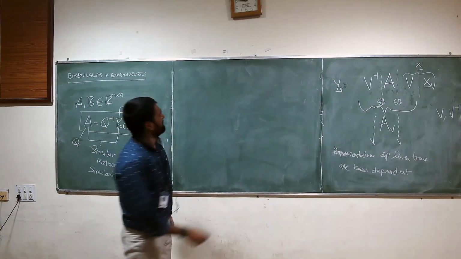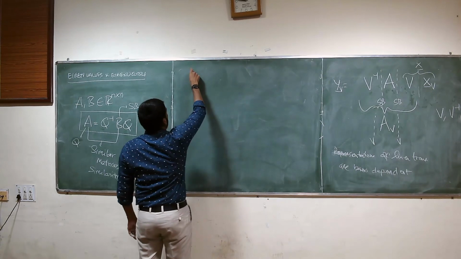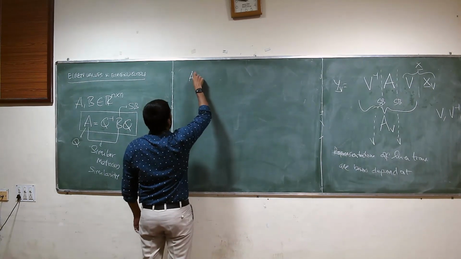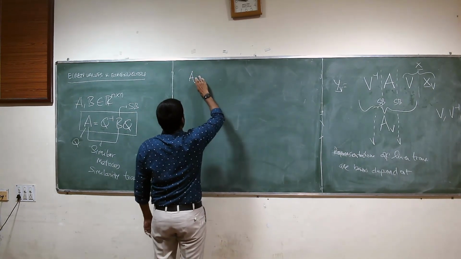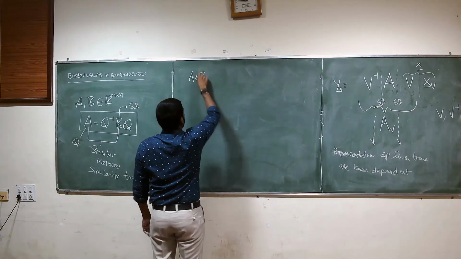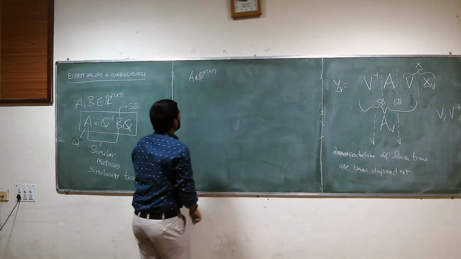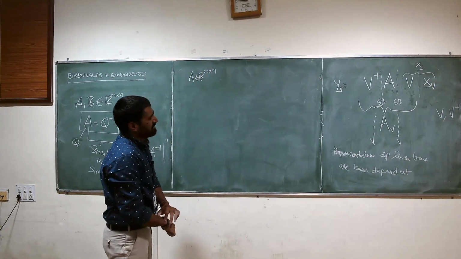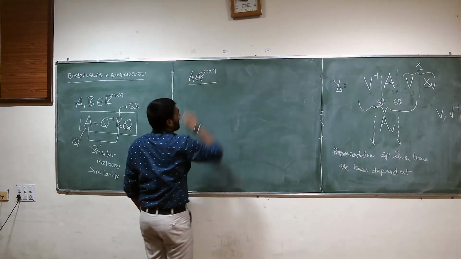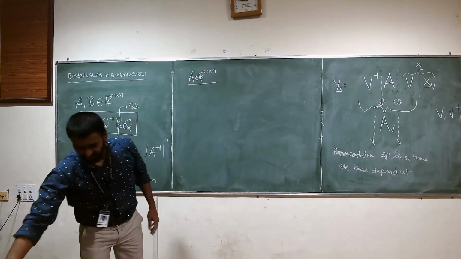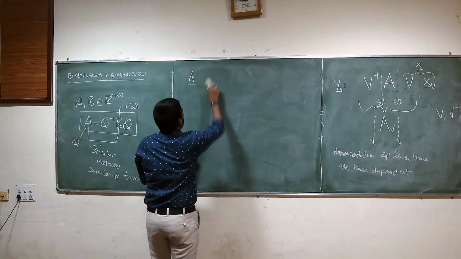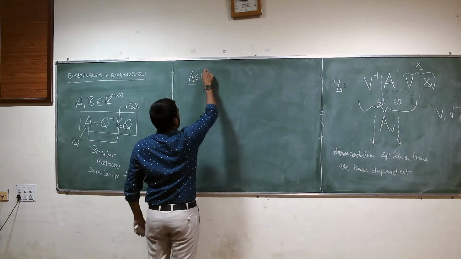Now we come to this idea of eigenvectors and eigenvalues. Let's say we have a matrix A that is n cross n, acting on C^n.